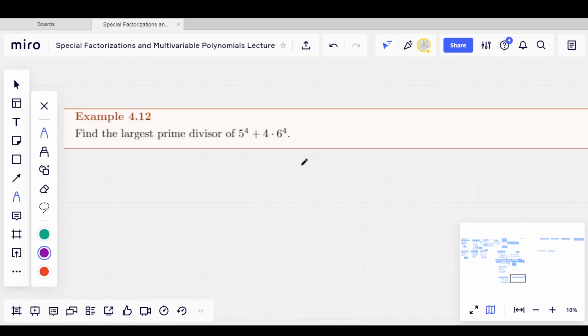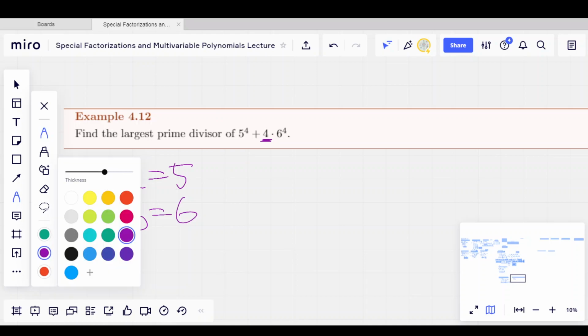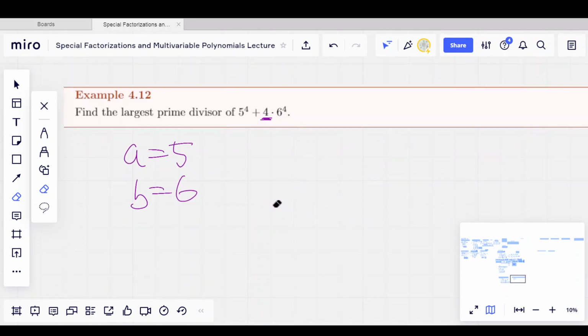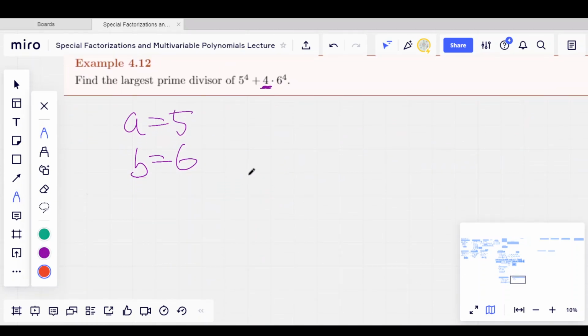Yeah. So it's very easy to see that this is applicable using Sophie-Germain. So we let a equals 5 and b equals 6. Remember there's a 4 right over here. So just apply Sophie-Germain.